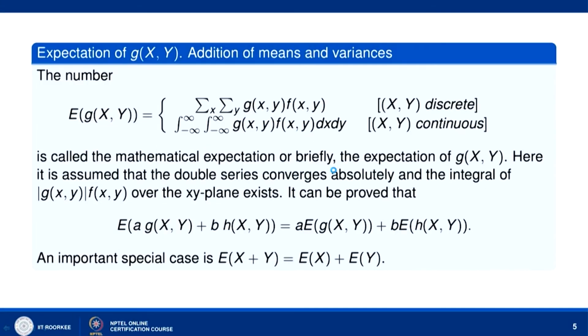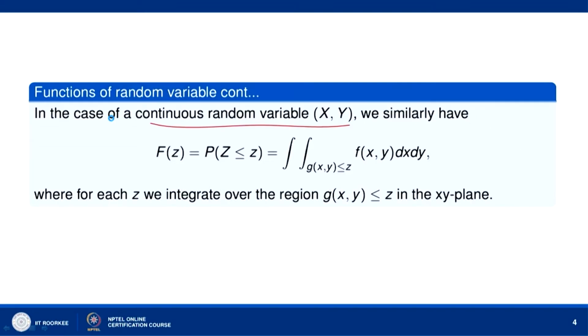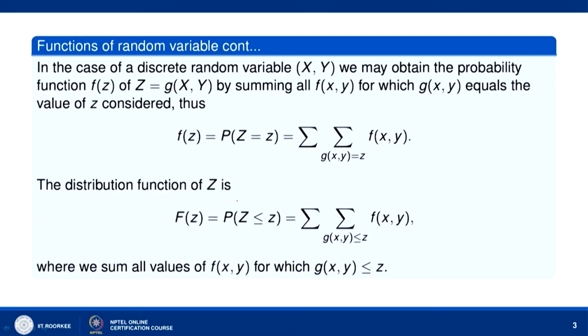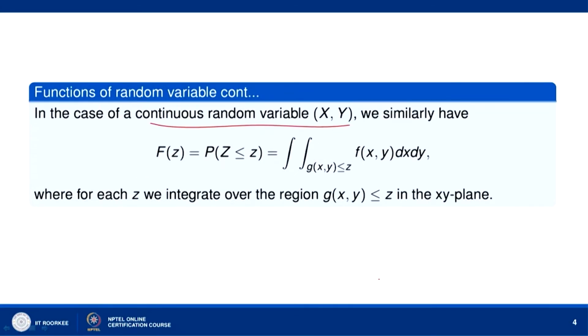The number E(g(X, Y)) we have defined for the discrete case. In the case of continuous random variable, we have the distribution function F(z).